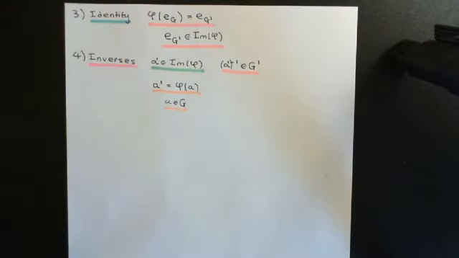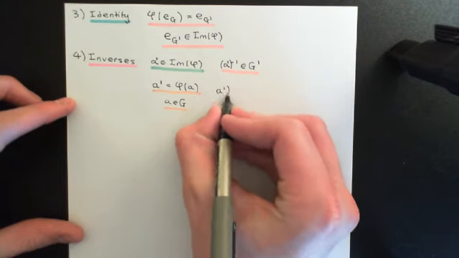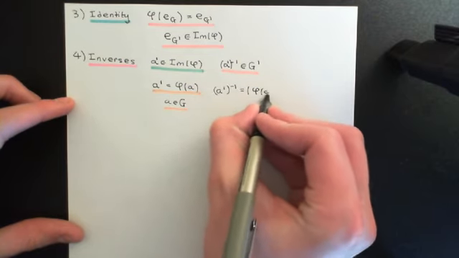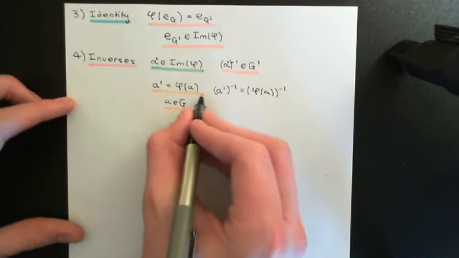Then I can rewrite little a prime inverse as phi of a inverse, because it's the inverse of this element phi of a.